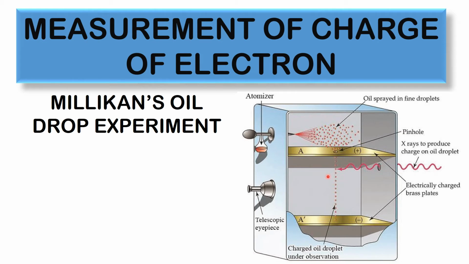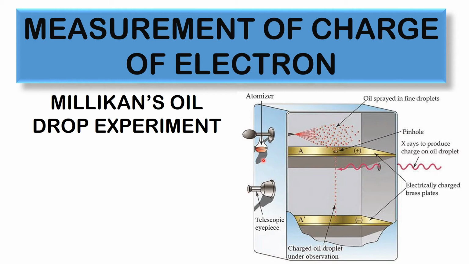This is empty here, and here we have a microscope or a telescope, because these droplets are very fine, and to observe them individually you need a telescope or a microscope. So anyone observing these droplets or performing the experiment can view through this telescope to observe these oil droplets individually.